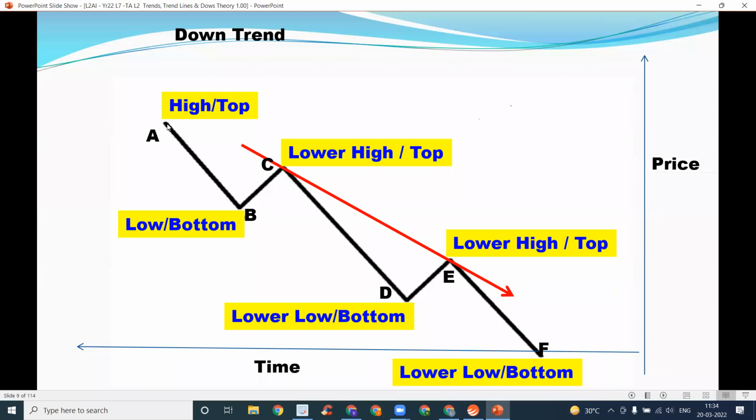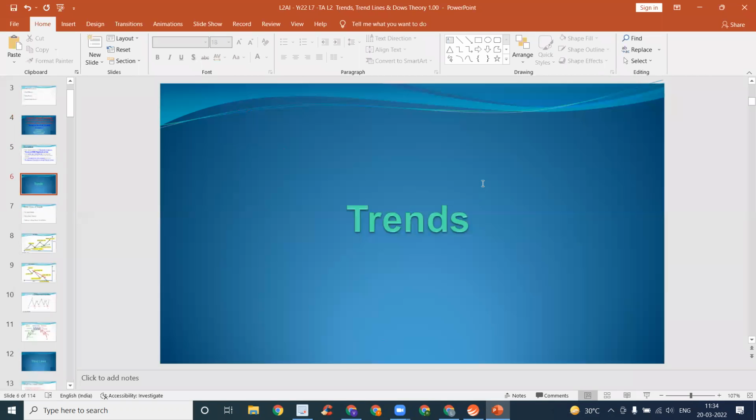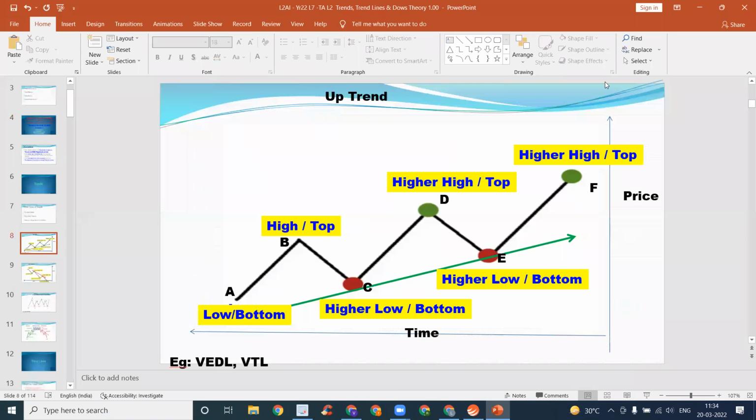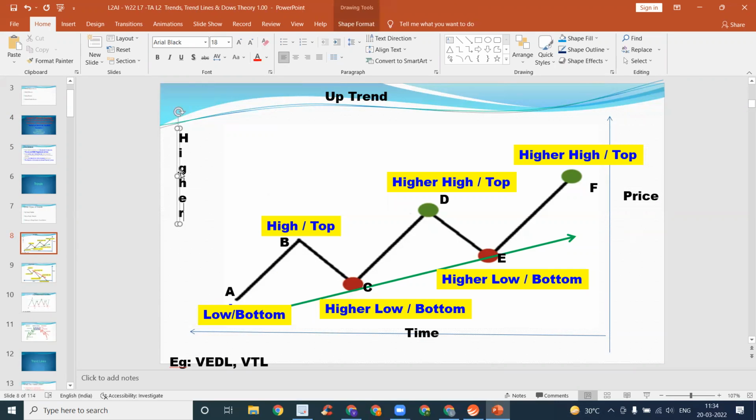See, C is lower than A, E is lower than C, B is lower than A, D is lower than B, F is lower than D. So in an uptrend, we'll always have higher highs and higher lows.